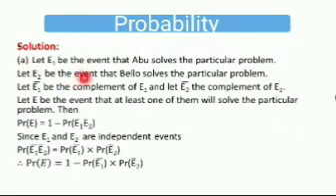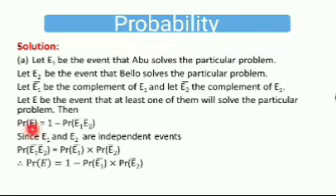Let E1 be the event that Abu solves the particular problem. Let E2 be the event that Bello solves the particular problem. Now, let E1 bar be the complement of E1, and let E2 bar be the complement of E2. So let E be the event that at least one of them will solve the particular problem.